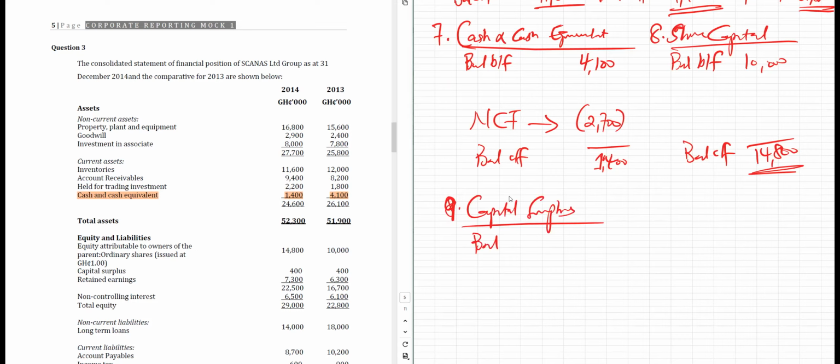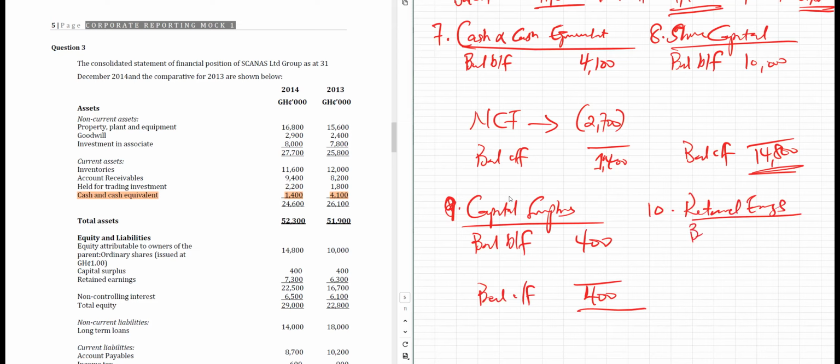Capital surplus. Balance brought forward is 400. Balance carry forward 400. Retained earnings, balance brought forward is 6,300.